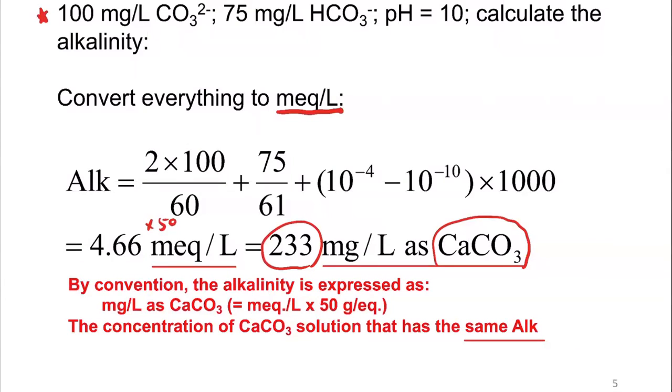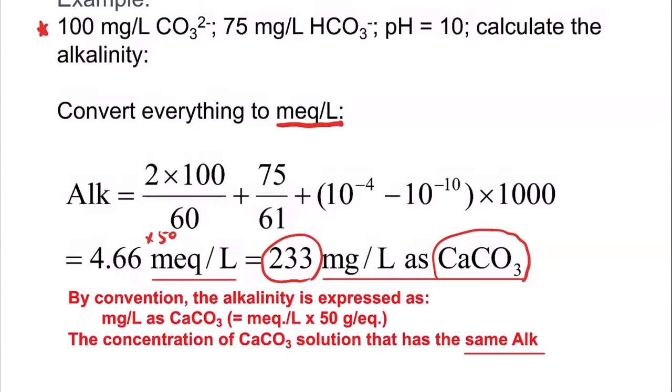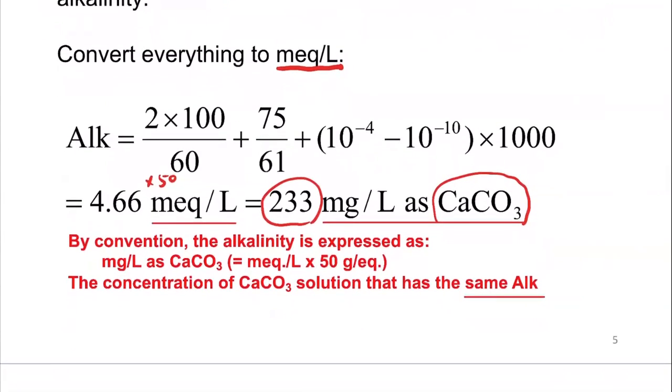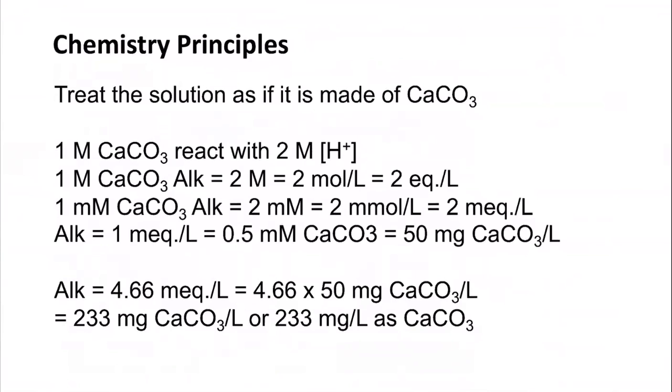So then you may wonder how we get this, okay? It is quite easy to memorize: you just multiply by 50 and then you get what you want. But you can actually try to find out why we have this same alkalinity. The method we can use is, let's imagine that we have a solution that contains 1 M of calcium carbonate. Okay, so 1 M means 1 mole per liter.